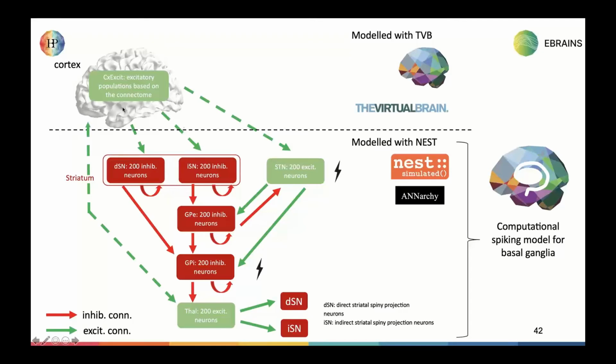Or maybe if it's about risk-taking, decision-making, maybe the prefrontal cortex would be interesting as well. Why is it changing behavior if we perform a deep brain stimulation here on the STN or the GPI? So we hope that we can answer those questions by building a very realistic model of the virtual patient.